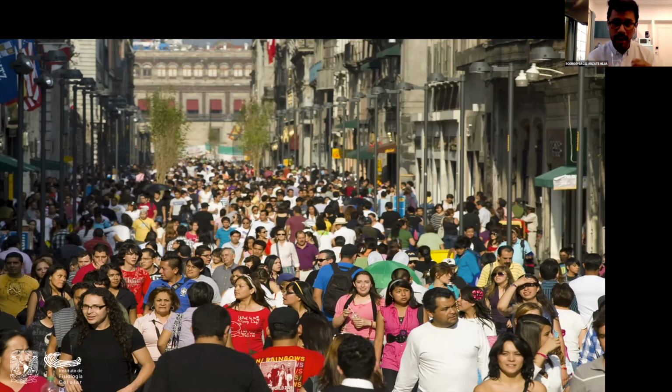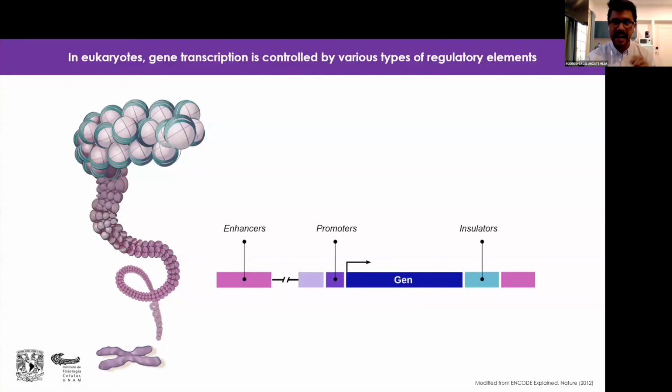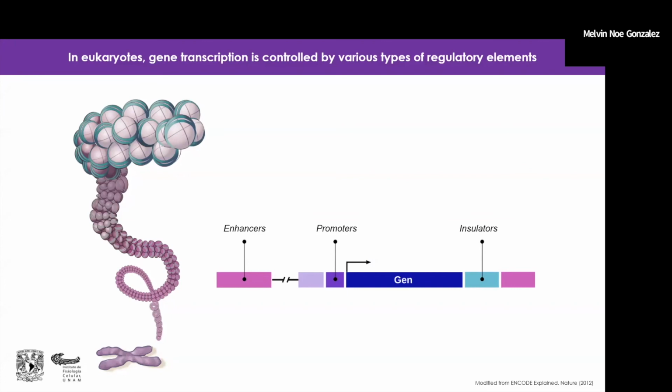And in particular, I'm very interested in the kind of regulatory interactions that can take place between sequences like enhancers and promoters to control transcription of genes, specifically during development or in response to specific signals.